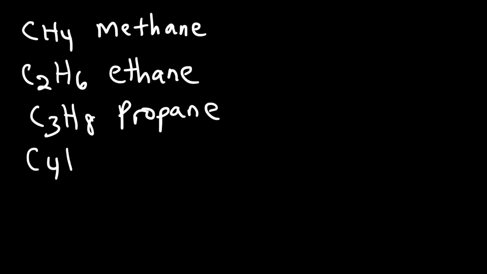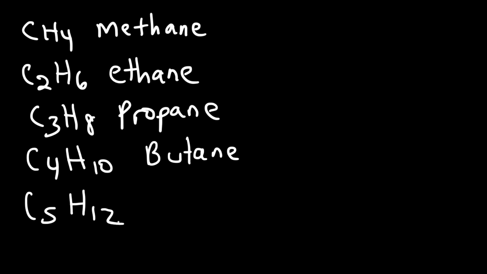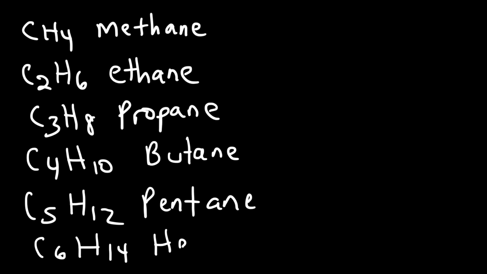Now, for an alkane with 4 carbon atoms, this is known as butane. And for a molecule with 5 carbon atoms, this would be pentane. And for an alkane with 6 carbon atoms, this is known as hexane.